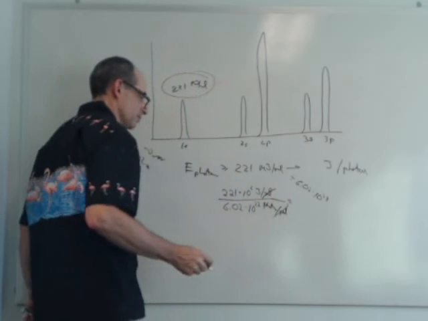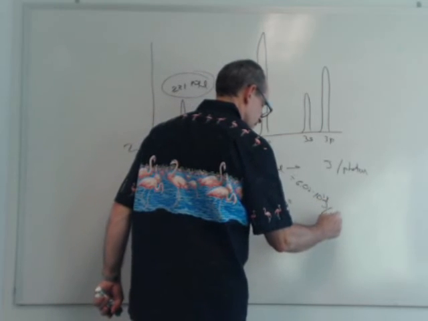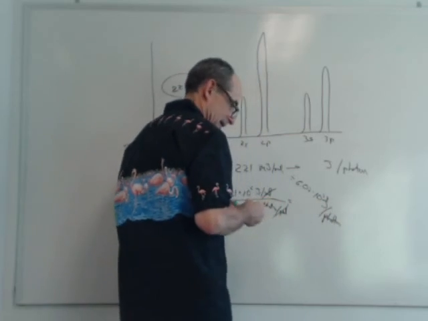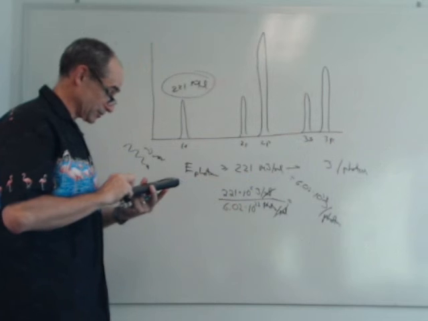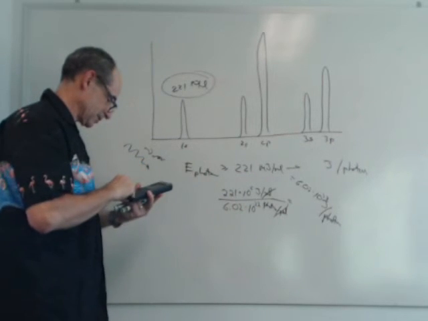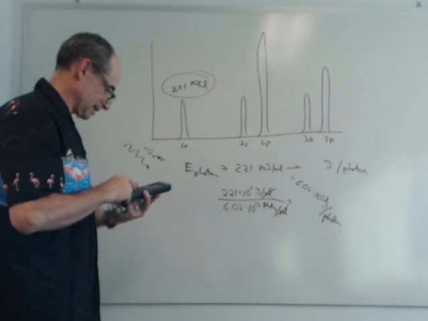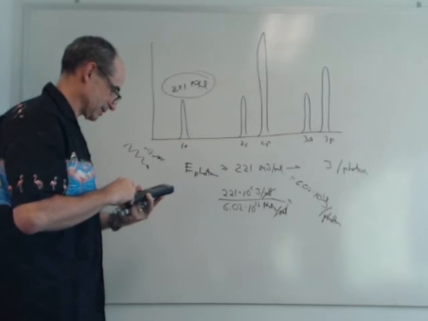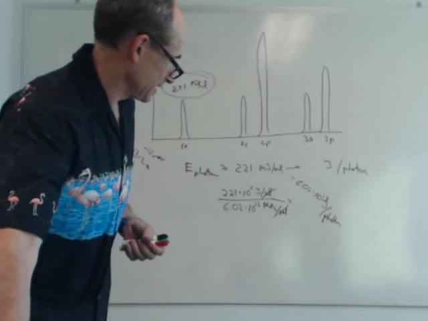And now my per moles cancel, and I've got joules per photon. And let me go ahead and do that arithmetic over here. And again, make sure you know how to use your calculator and to use scientific notation. So that's 221 times 10 to the 6th divided by 6.02 times 10 to the 23rd. And I get 3.67 times 10 to the negative 16th.